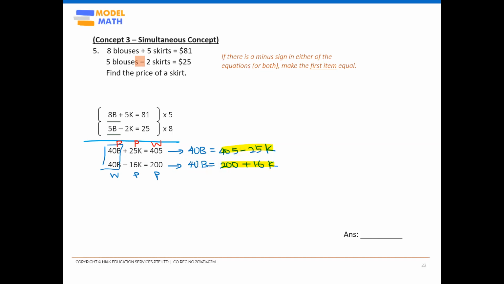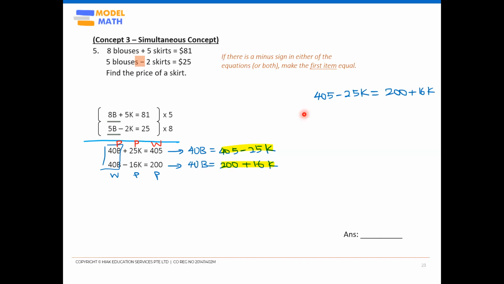So the two yellow terms are the same in value, which means I can rewrite it as 405 minus 25k equal to 200 plus 16k. Can you see that by doing this, I managed to get rid of the blouse? No more blouse in this new equation, which makes our life so much easier.